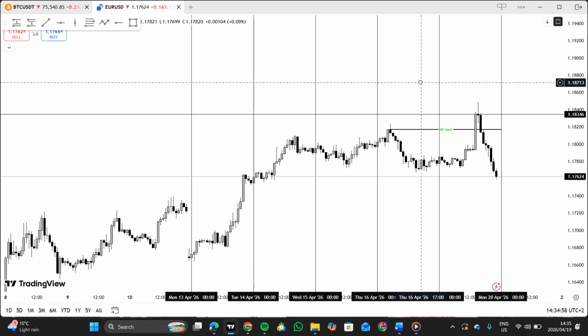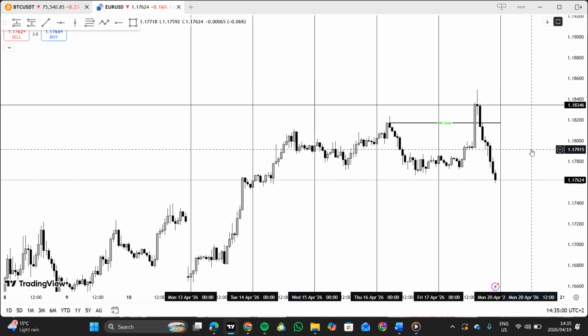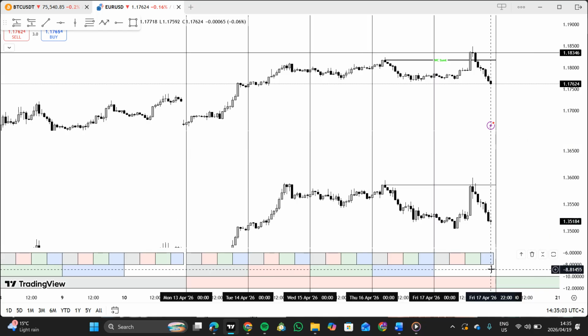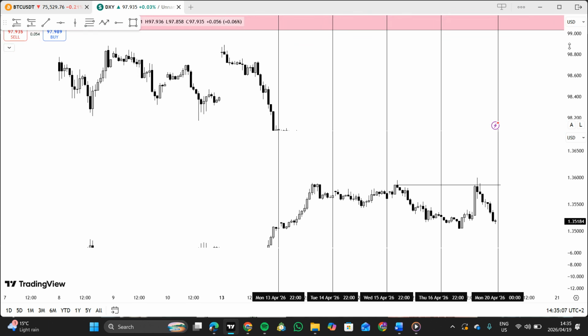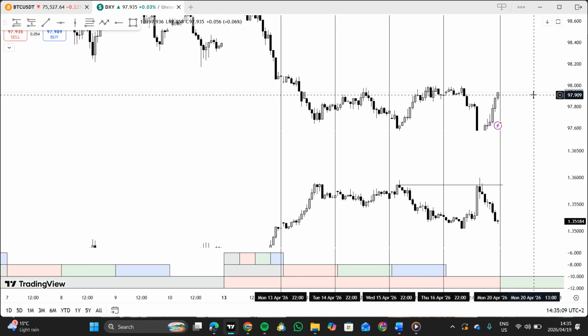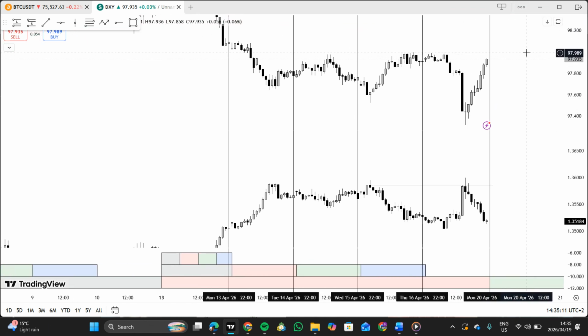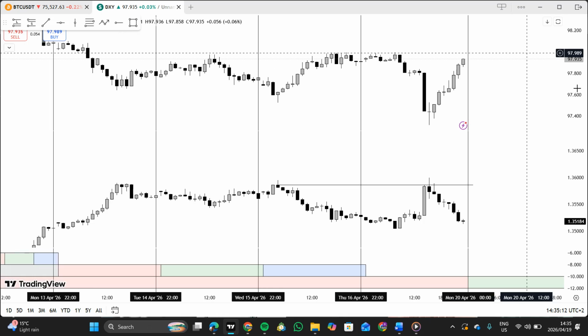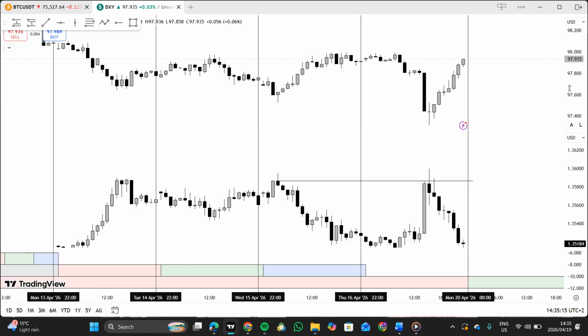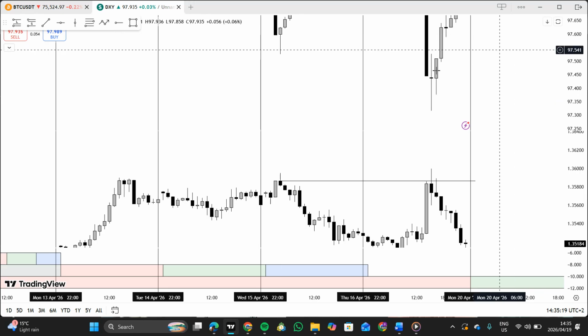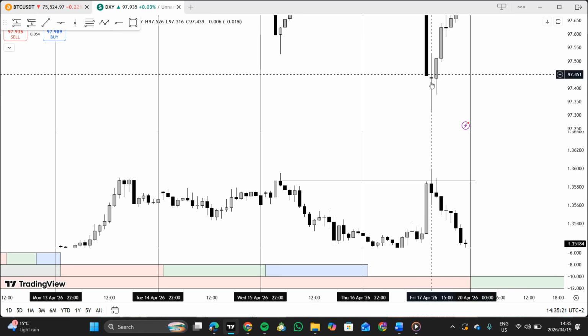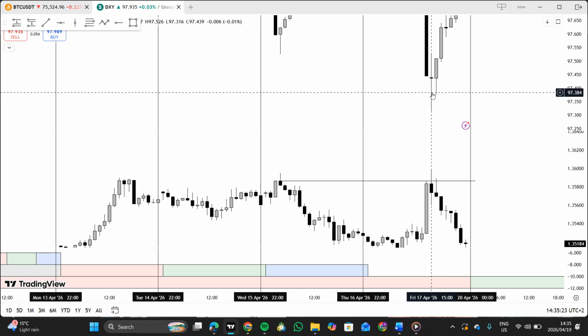Then let me put the DXY on top. Can you see on the DXY, this candle over here, and on the GBPUSD, this candle over here?